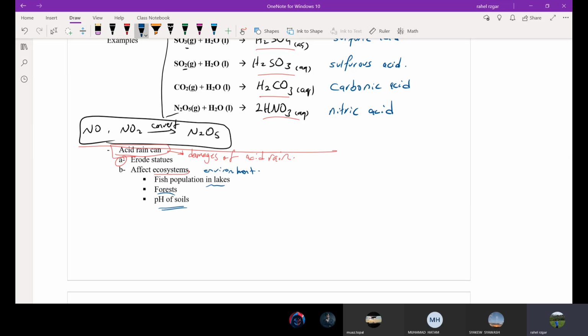It will not be a good habitat, a good place for some certain plants to grow. That's why when acid rain gets into a soil, it will change the pH of the soil, and the plants cannot grow easily.